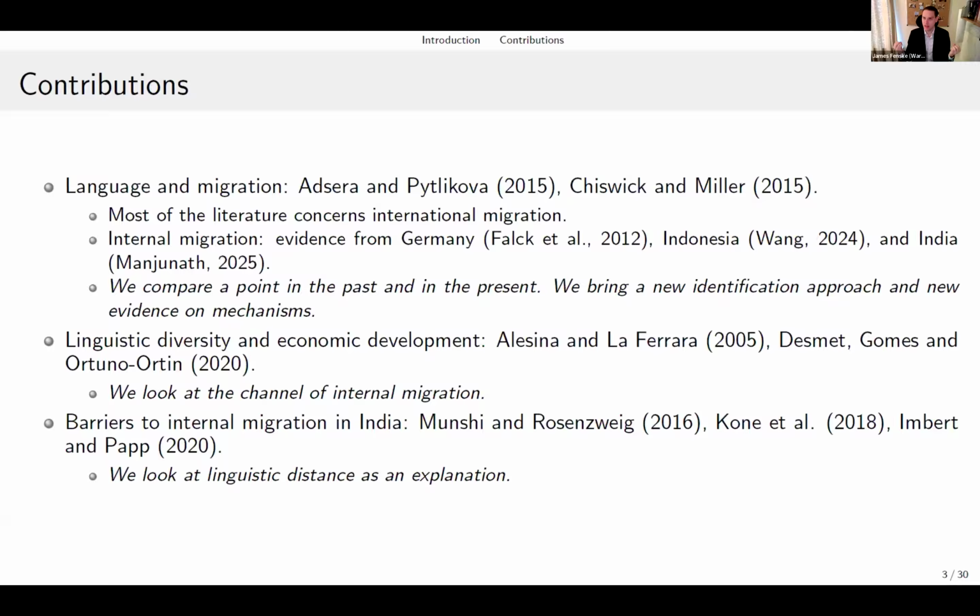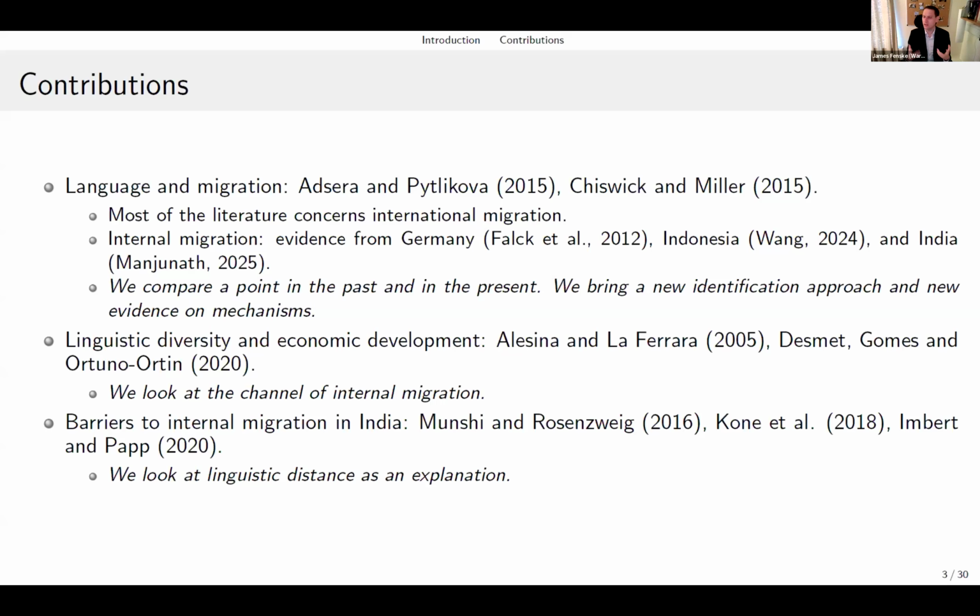We introduce an RDD that's novel to this literature, and we've got a lot of data on other cultural differences, on other measures of dissimilarity across districts. We can bring more evidence on mechanisms than already exists in the literature, so we're contributing something there. There's another literature out there on how linguistic diversity affects economic development.